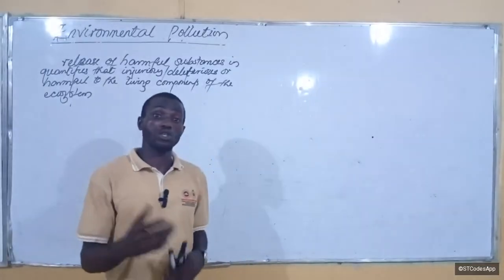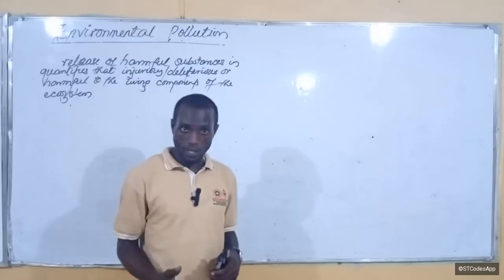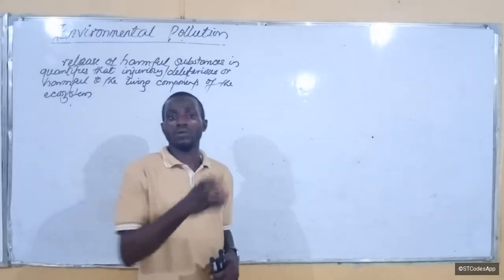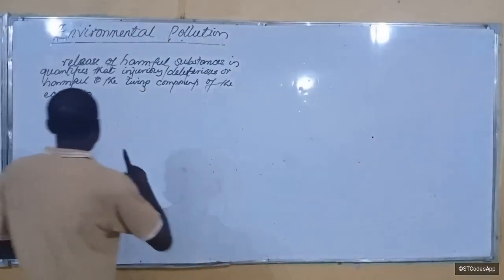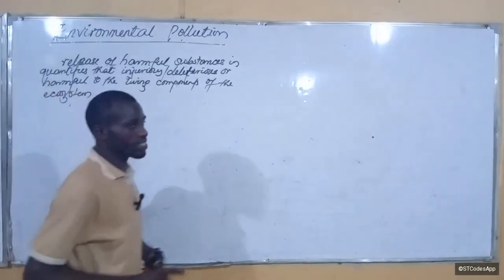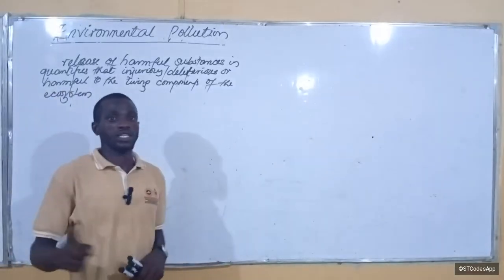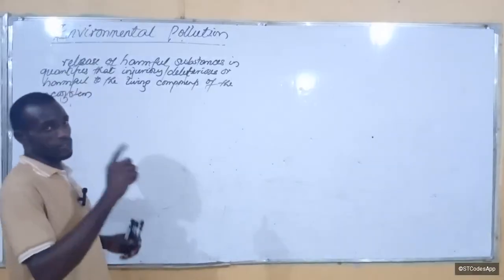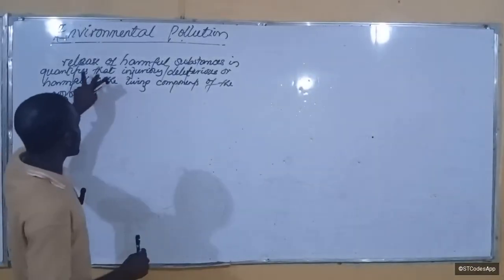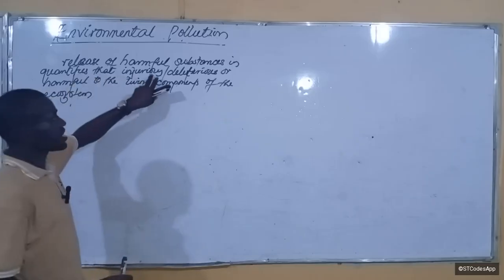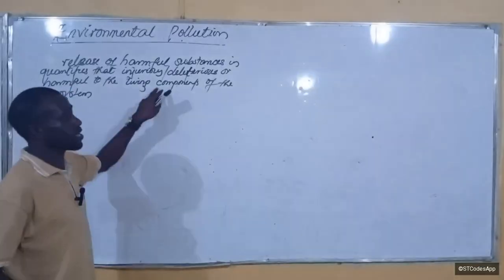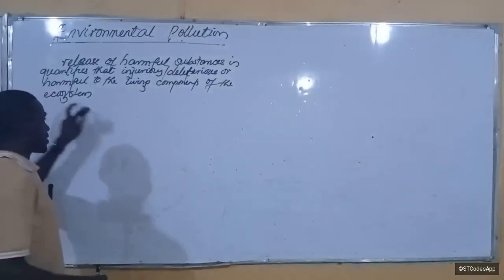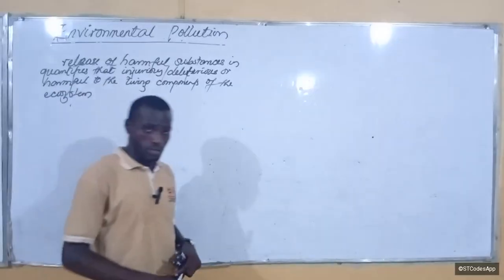For example, CO2 is what we breathe out, so we won't call it a pollutant yet, except it has accumulated in quantities that cannot sustain human health. So when you release substances in quantities that do not support sustenance of life, then we say that it is pollution.